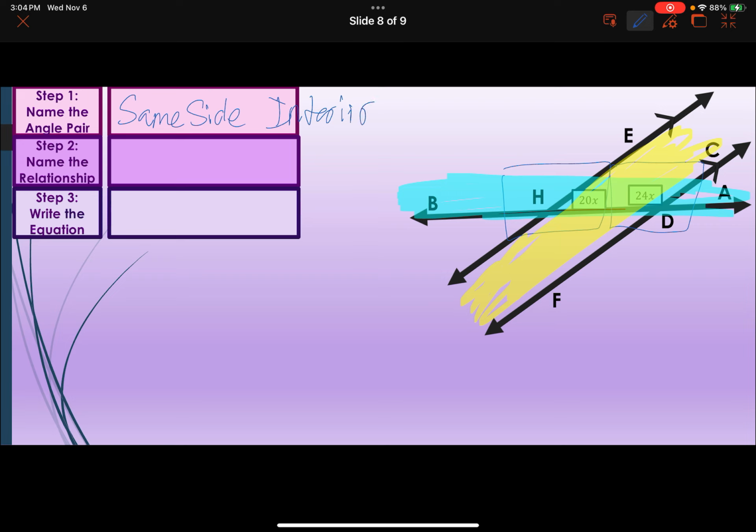And again, same side interior, we check the poster, are supplementary. So what does that mean? That means, again, we put those parentheses, put a plus sign, and instead of equal, it's equal to 180. Then we just fill it in: 20x, 24x.